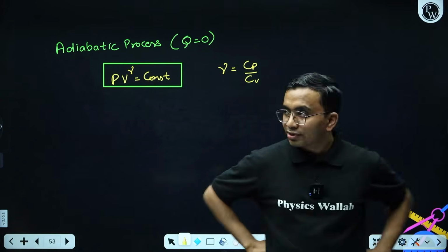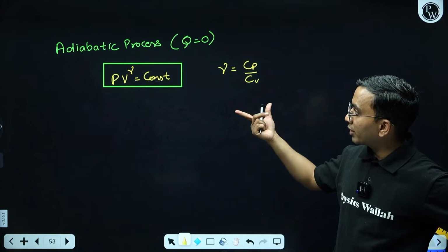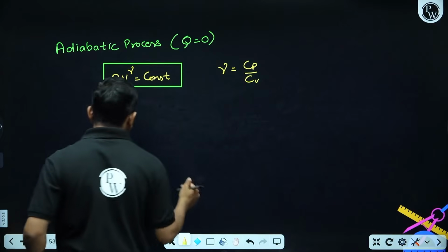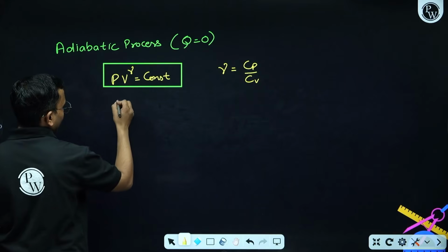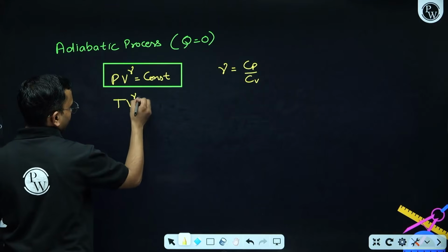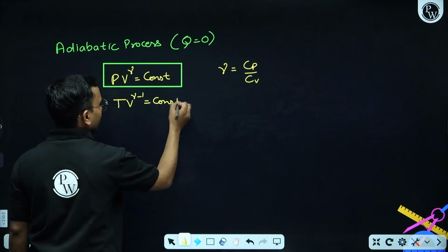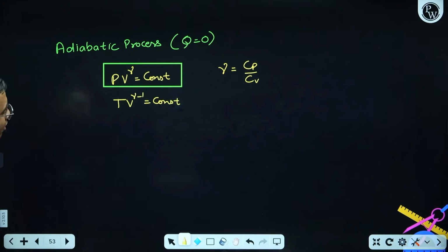You can write in terms of temperature also. This will become T V to the power gamma minus 1 is constant. Temperature and volume also you can write, because PV is equal to nRT, from there we can write it. Now Q is 0.